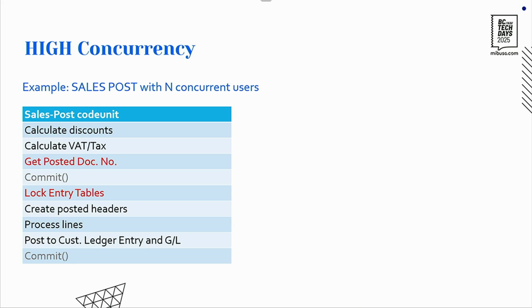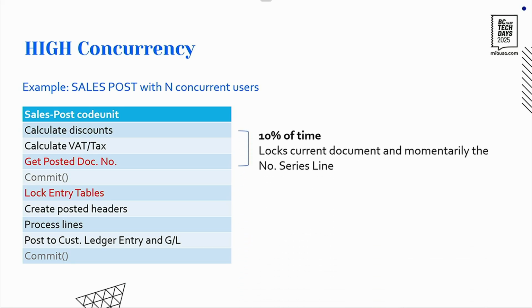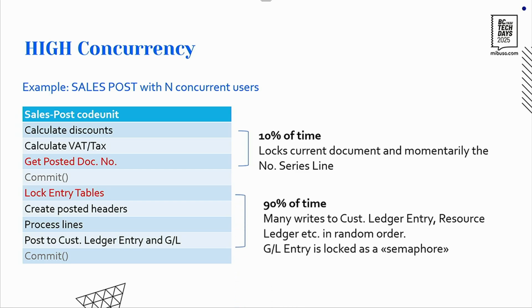Posting, I think you know that in Business Central there are some codeunits for posting that are quite problematic. Usually, if you analyze the macro blocks of the posting codeunit, it takes a small part of the time for locking the current document momentarily in order to check the number series and something like that.